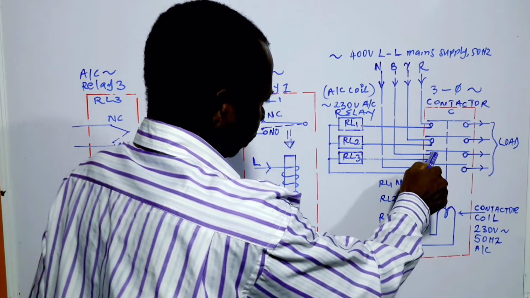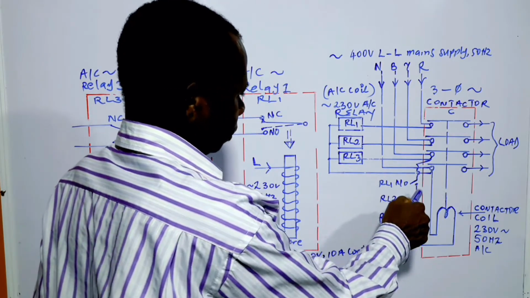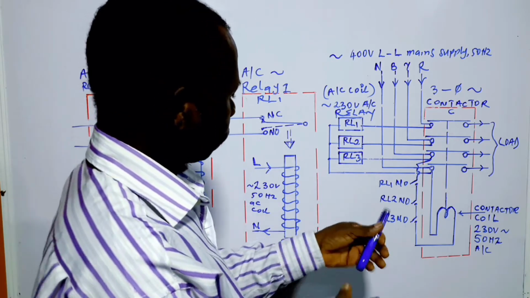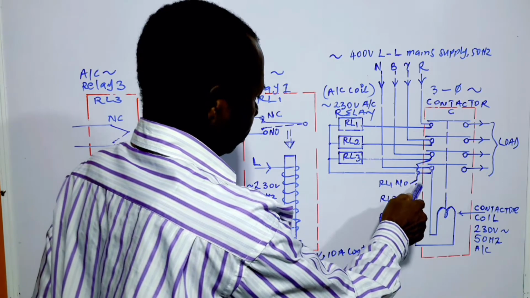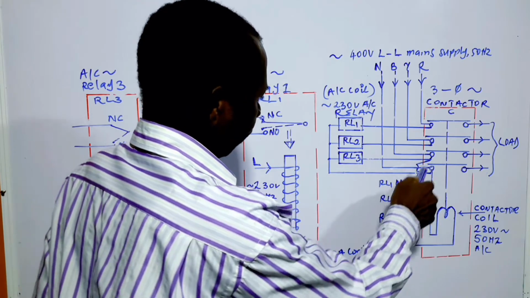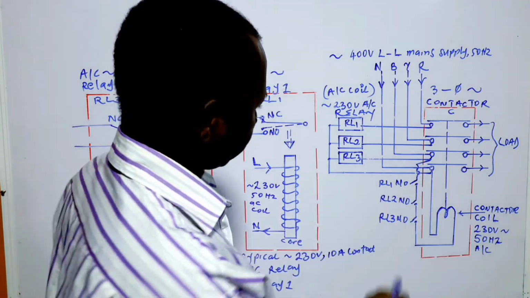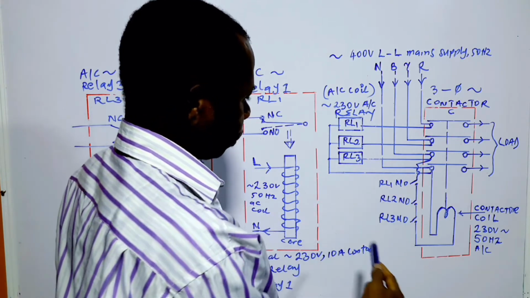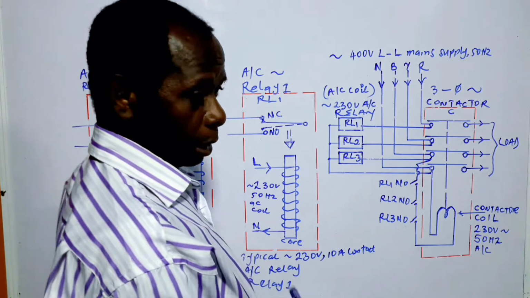And we take one of the phases and wire it like this, such that the wiring connects the three normally open contacts of the three relays.